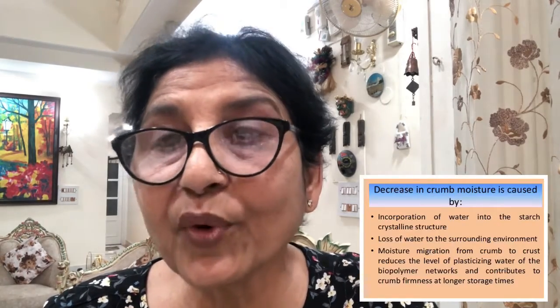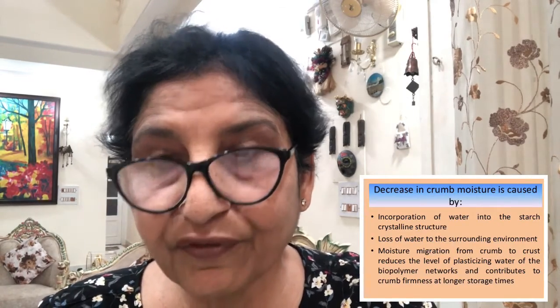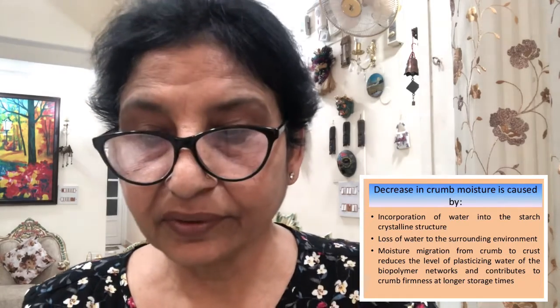Then we come to crumb staling. Due to the loss of moisture, the crumb becomes hard and more crumbly. Flavor will deteriorate. Staling is also associated with gradual and spontaneous aggregation of the amylopectin, which gives rise to the crystalline structure of the crumb.